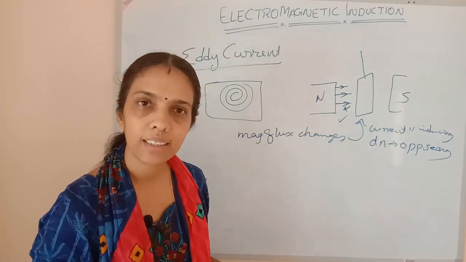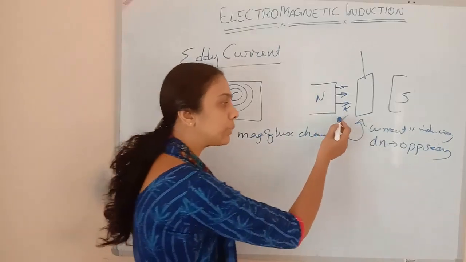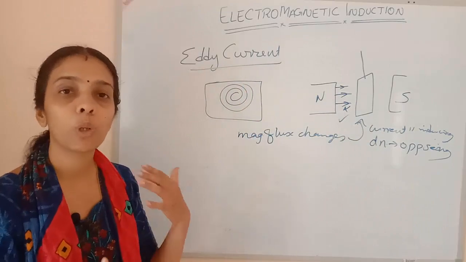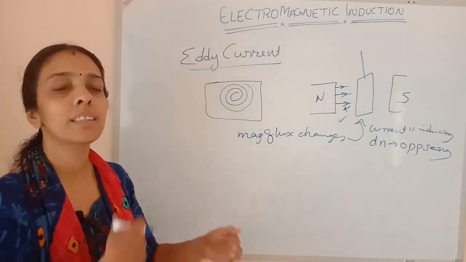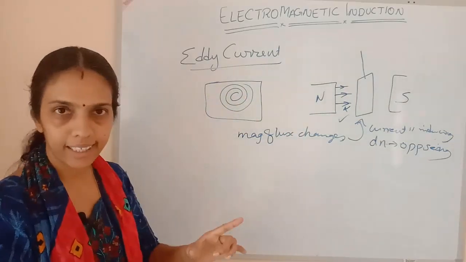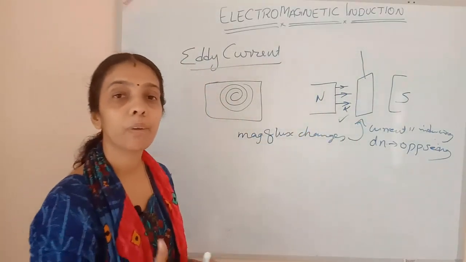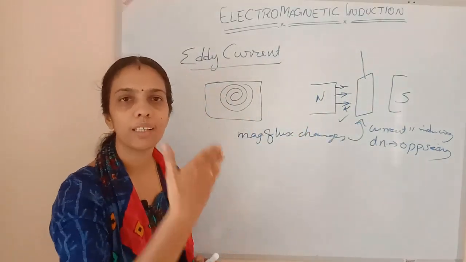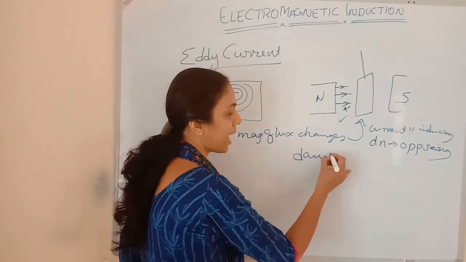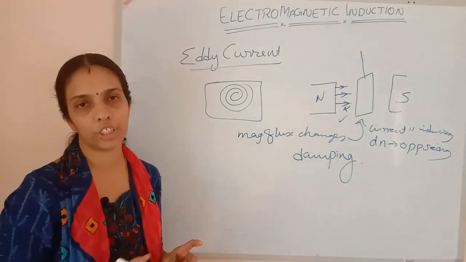The induced current opposes the change in flux, and the oscillation is what changes the flux in the conductor, so the induced current helps it to stop. Eddy current opposes the oscillation, helping damping. That is called electromagnetic damping, and the oscillations come to rest faster.